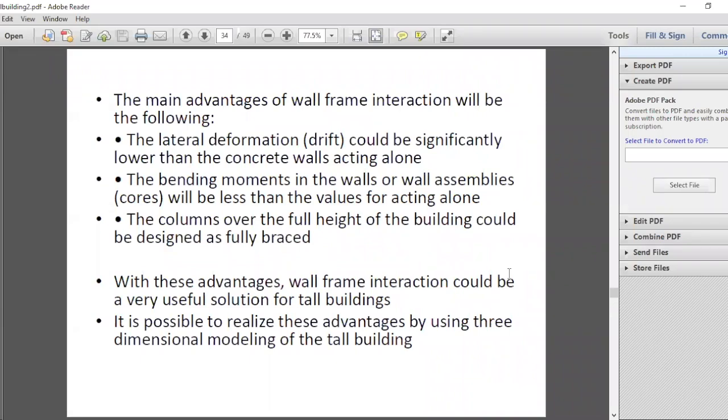But if there's a weakness in the frame, then the wall will become stronger than the frame. So because of that, the frame cannot have extremely large deformations, right? So that's why we can say all the elements in the frame can be designed as braced. Is that clear? Yes, sir.